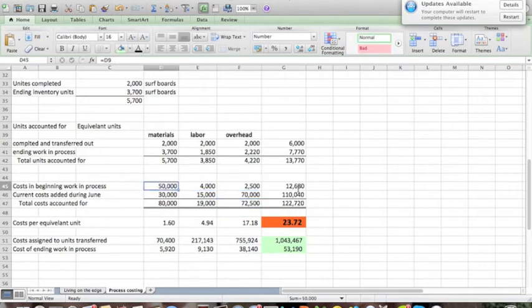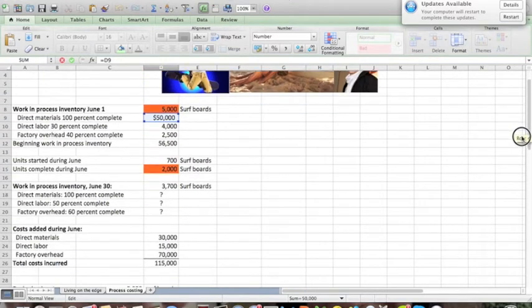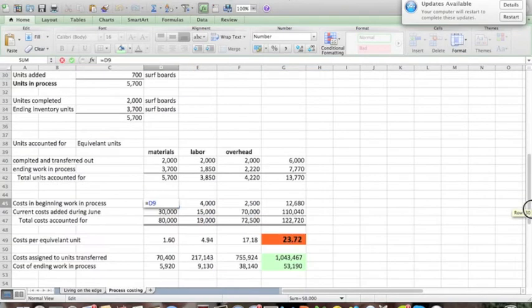Now looking at the costs, we know this is the beginning cost that we had to begin with. Then we had the costs incurred during the period, which were given to us.